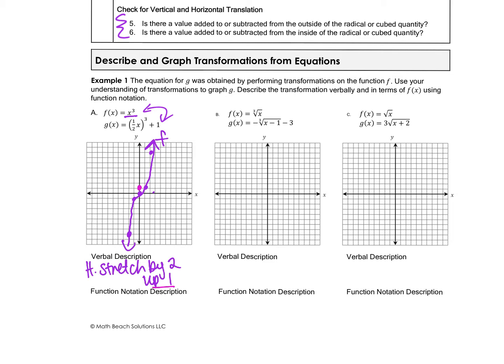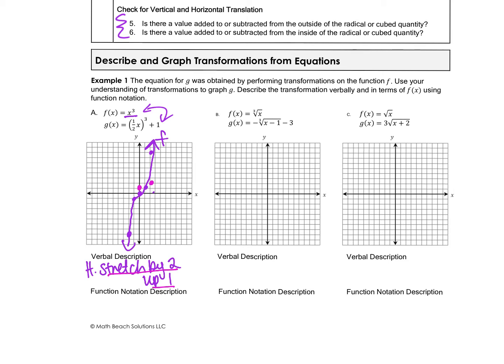And then we're going to have to adjust our x based on this stretch. So whatever the stretch is, that's what you're multiplying your x by. So we're multiplying our original x's by a 2. So instead of a point being 1, 1, it's going to be 2, 1. So I go right 2 from my new 0, 0 point, up 1.